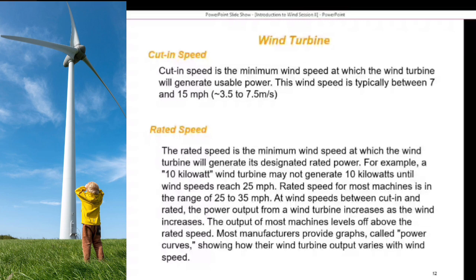As I told you, the research is currently focusing on the improvement of the wind turbine. Depending on the efficiency of the wind turbine, you can produce even at 3.5. What manufacturers are fighting for is the efficiency of the wind turbine, so that they can even produce when you have a wind speed of 2.